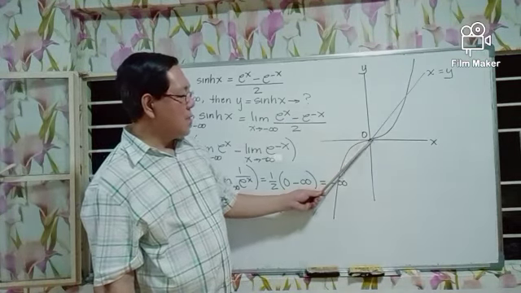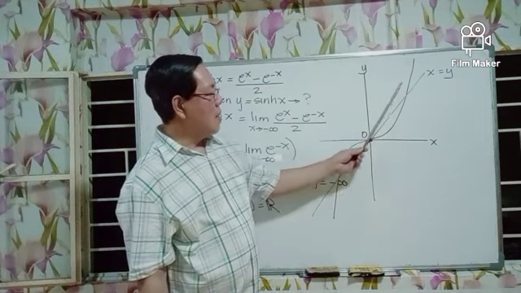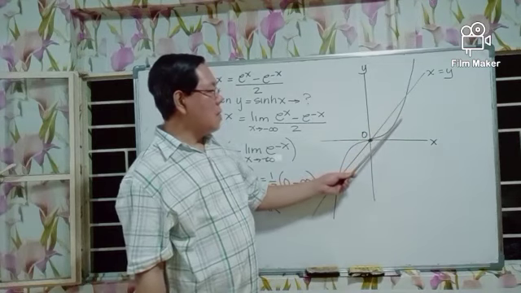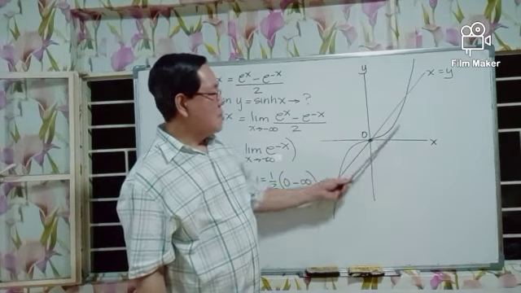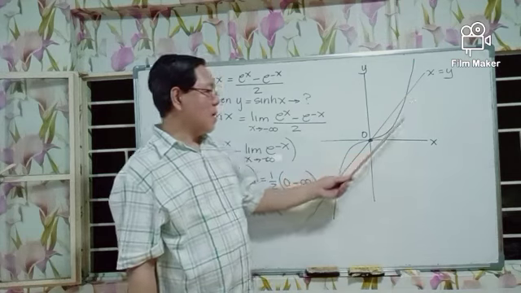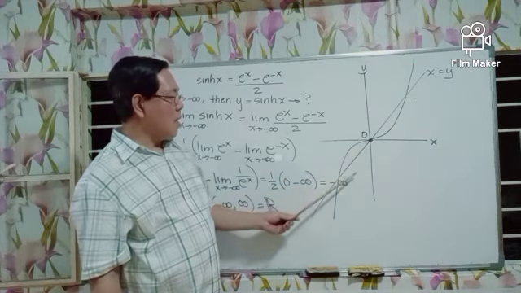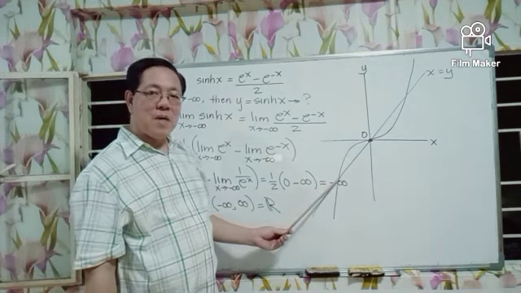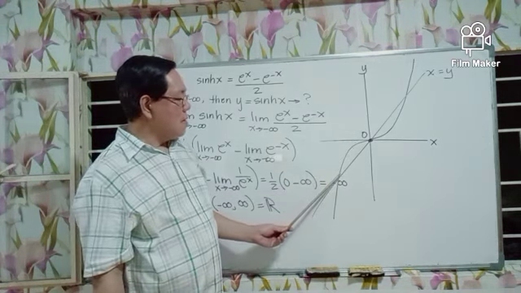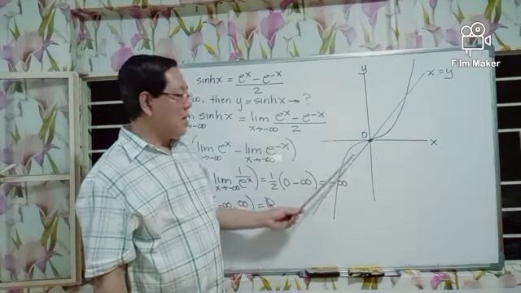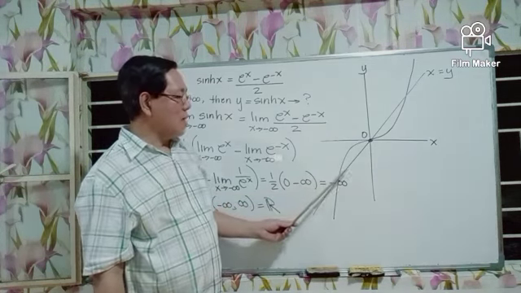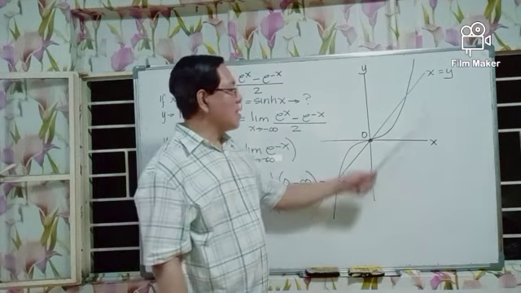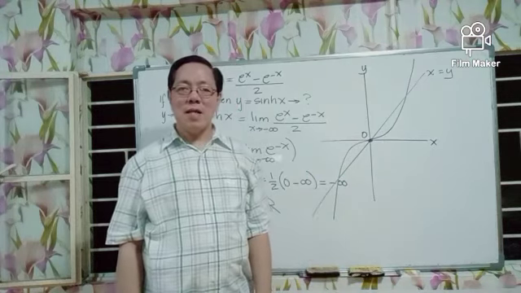This is the part of the graph of the hyperbolic sine of x below the line x equals y, and above the line x equals y, you have like a mirror image, a similar part of the graph. And we can actually show that the graph of the hyperbolic sine is symmetric with respect to the line x equals y.